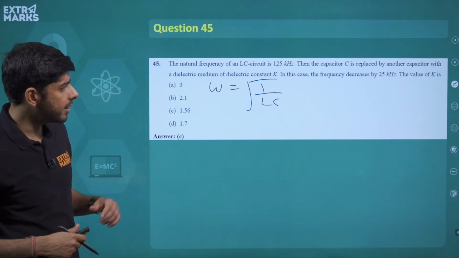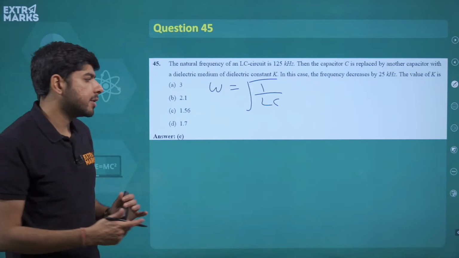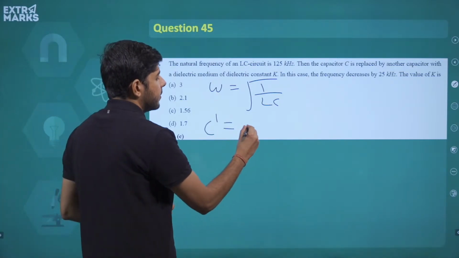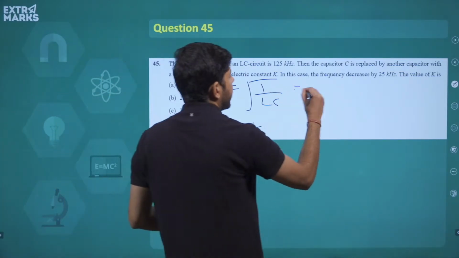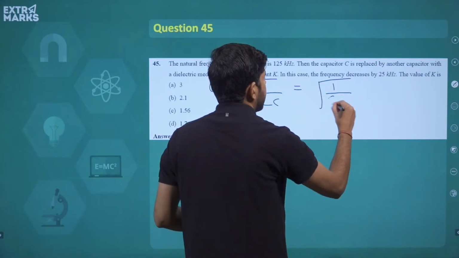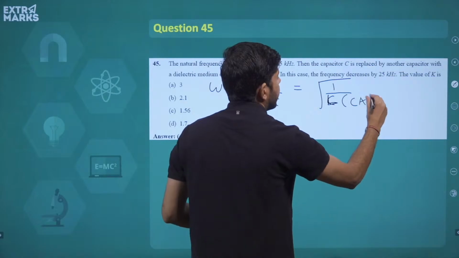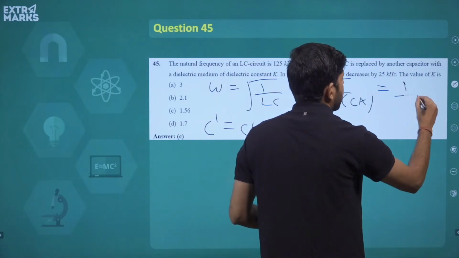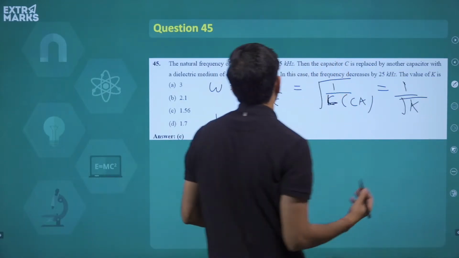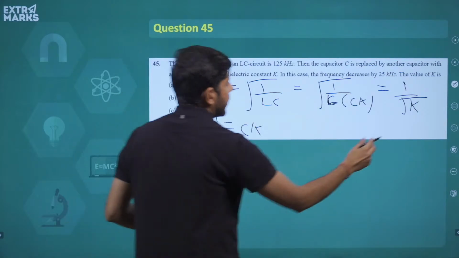So 1 by root LC, and if we put a dielectric constant, we know that C will become K times. So C into K. L of course is same. So basically it will become 1 by root of K times the frequency. So this is the frequency.